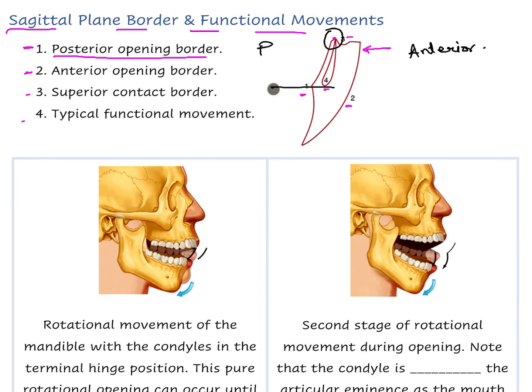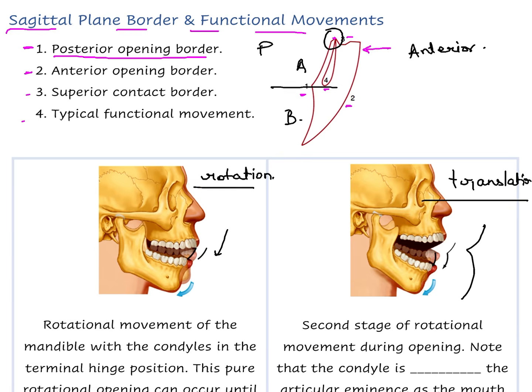So it happens in two parts. The first part, A, is rotational movement of the condyle. The second part, B, is the translation. Okay. So opening of the mandible occurs in two parts, rotation first and then translation.